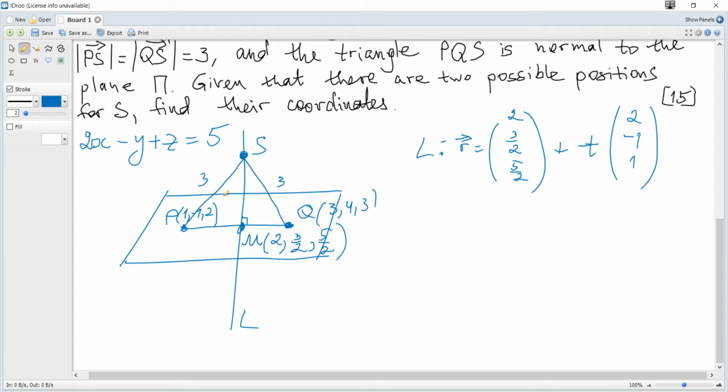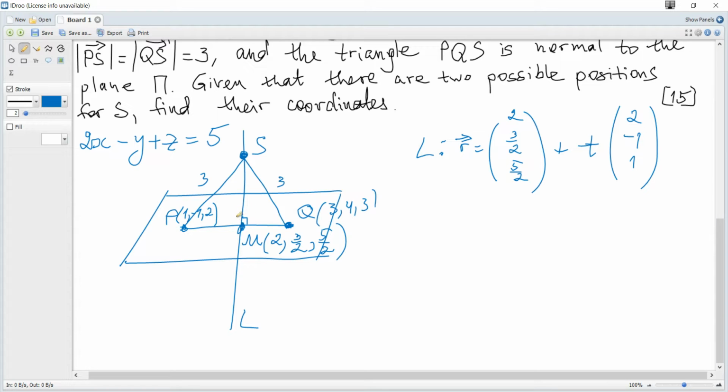Any other idea may be the next. In general, we can see that it's an isosceles triangle, and also since the direction vector of L is perpendicular to the plane, it will be perpendicular to any vector in the plane.